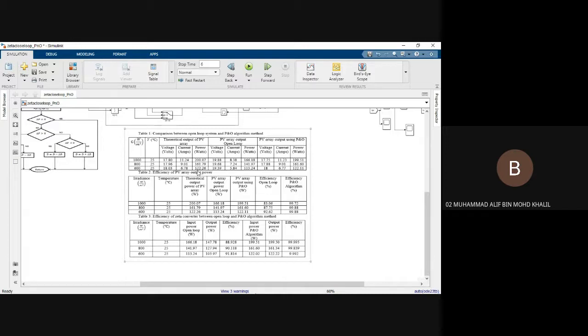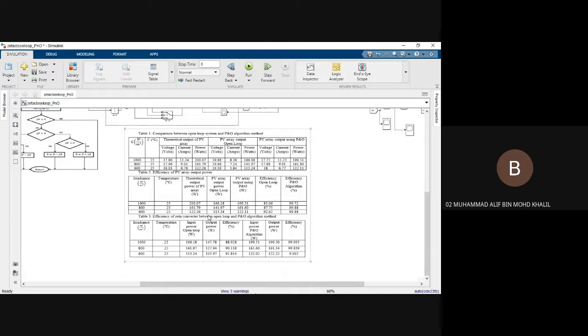The theoretical output of power is 122.26. The open loop only produces 113.24, and the PNO produces 122.11, which is very close to the theoretical power output.